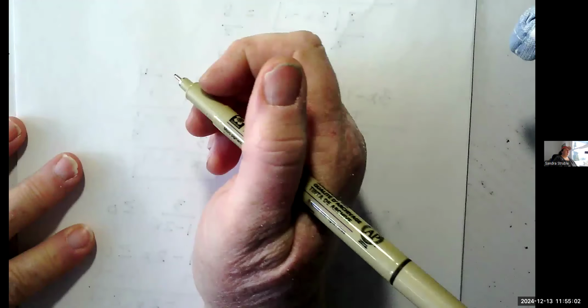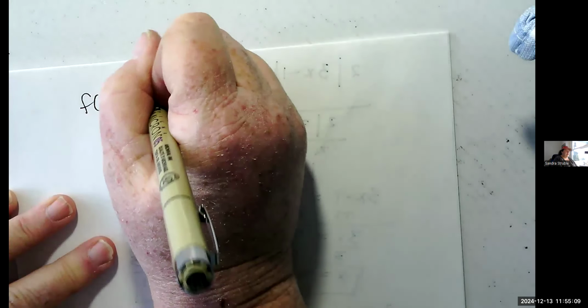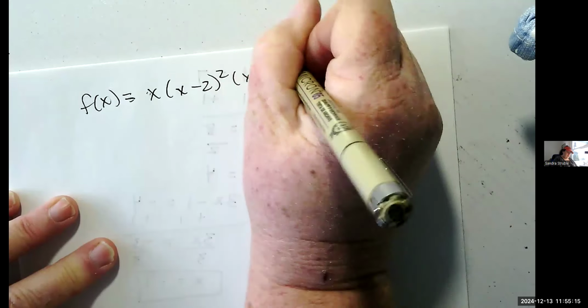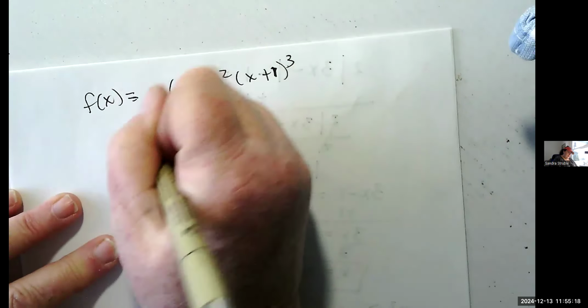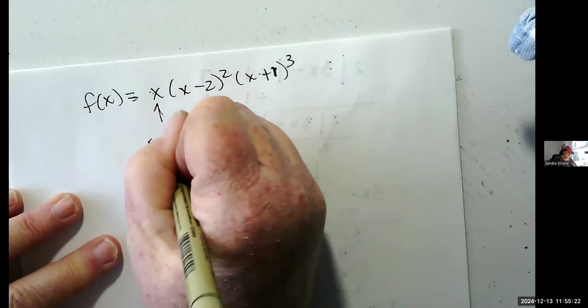All right. So f of x is equal to x times x minus 2 squared times x plus 1 cubed. So this one is x equals 0, and it is odd because it has a multiplicity of 1.